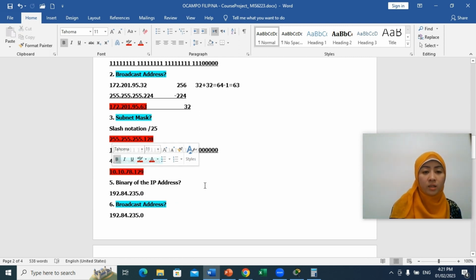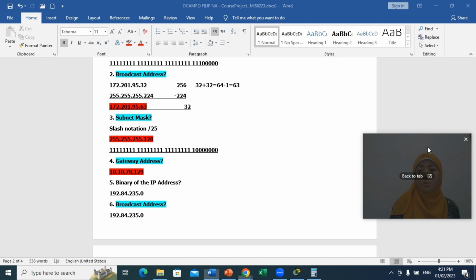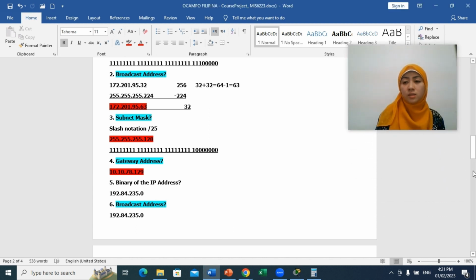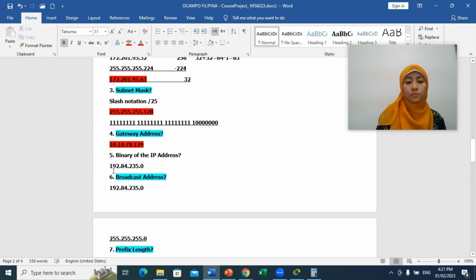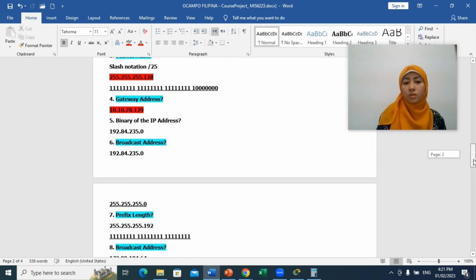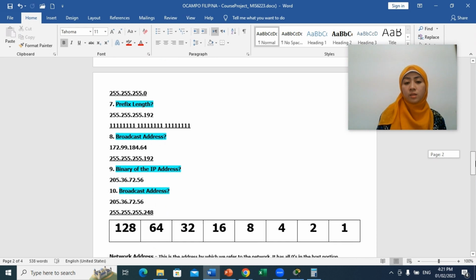Next is the binary of the IP address 192.84.235.0. So now we will use this table again. We need to use this table again.